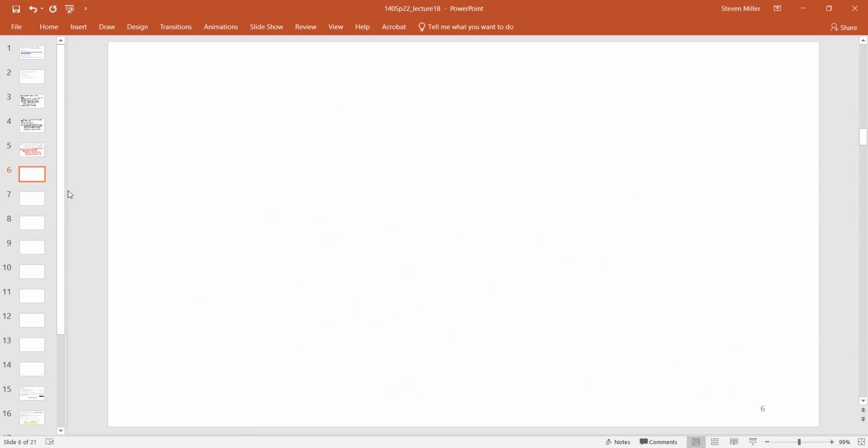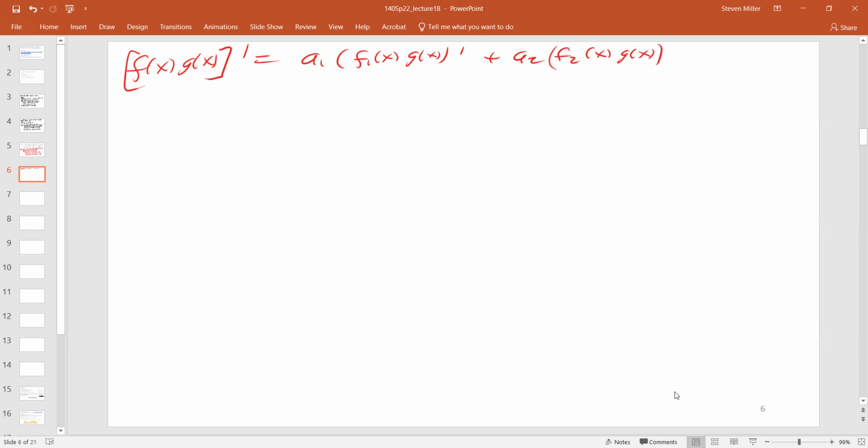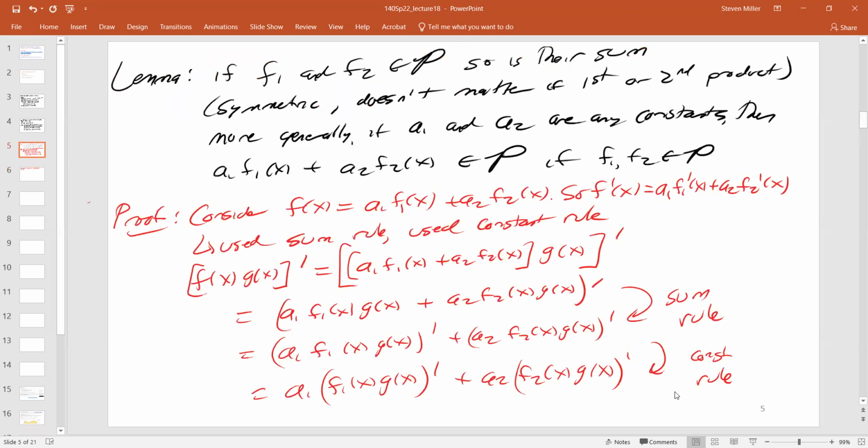So we have f of x g of x prime is a1 f1 of x g of x prime plus a2 f2 of x g of x prime. But what do we know about f1 of x g of x prime? What are we assuming about f1 and f2?